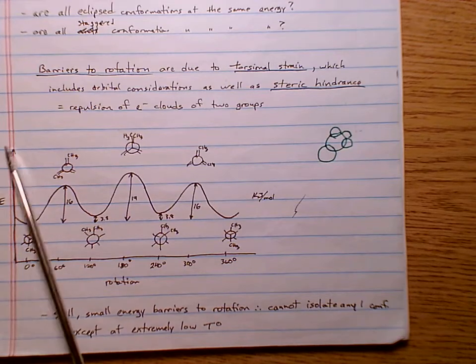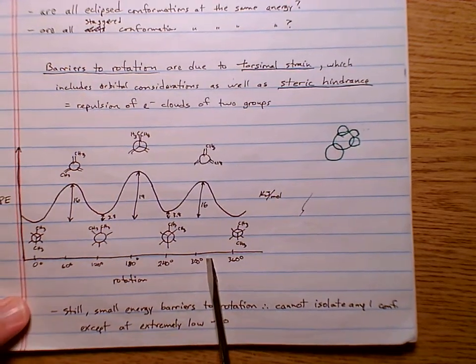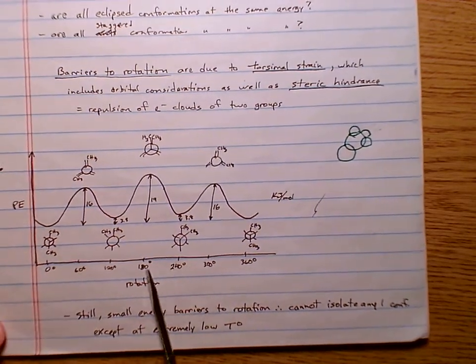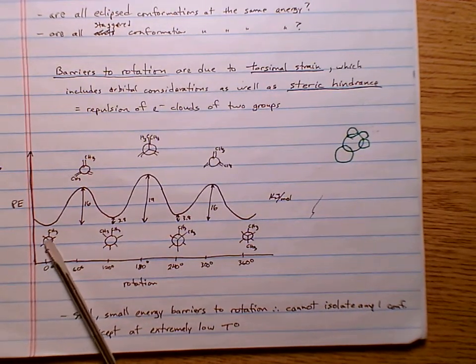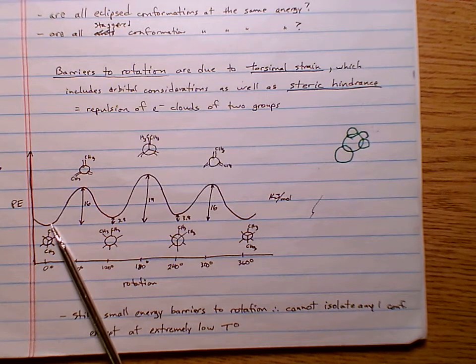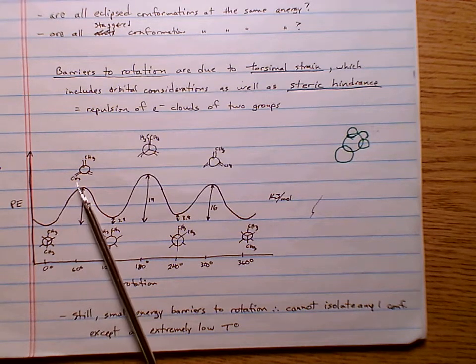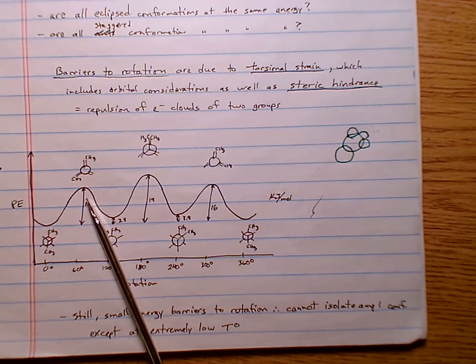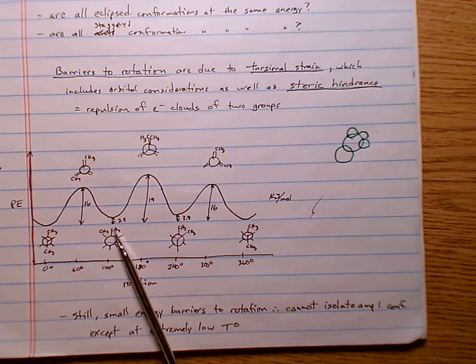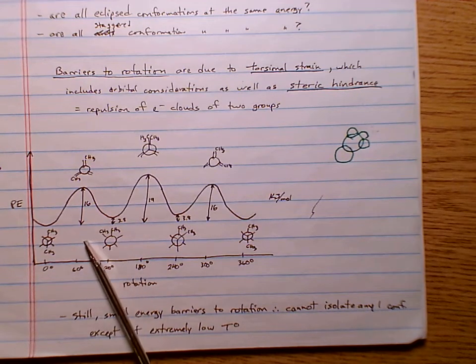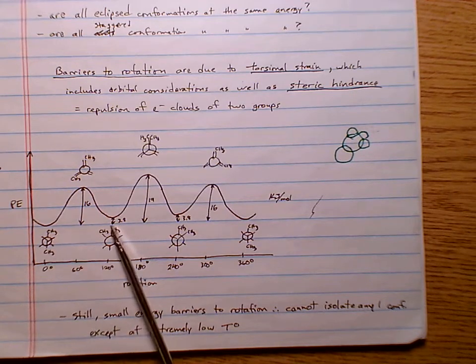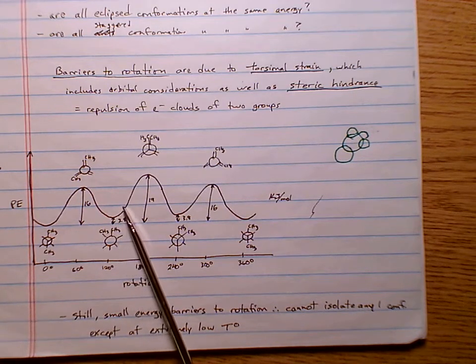And so now when we do the potential energy versus rotation diagram, what we see is that the anti-configuration is lowest in energy. The eclipsed is higher in energy. The gauche conformation is a little bit higher in energy than the anti. Not much, just about 2.8 kilojoules per mole, but it's a little higher in energy.